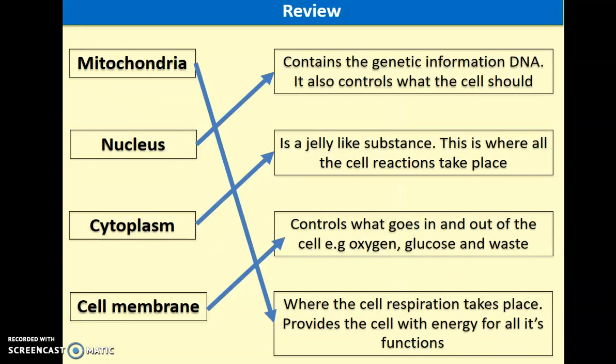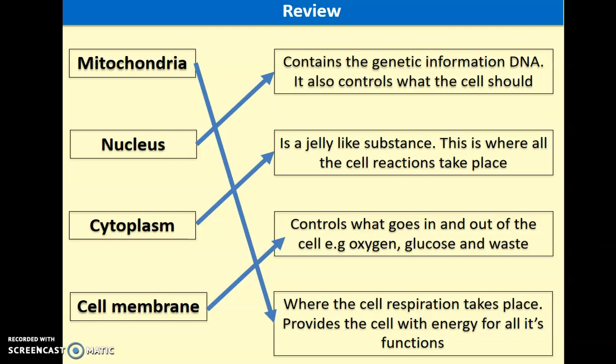Okay, so here's what you should hopefully have matched up as we were going through that. If not, don't worry, you've got a chance to do it now so you can make sure that you've understood it. So the mitochondria should match to where cell respiration takes place. It provides energy. Nucleus, it contains the genetic information DNA, and it controls what the cell should do.